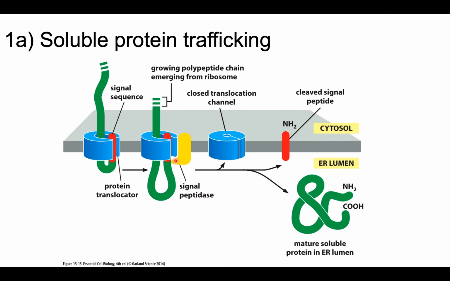That channel will close, and then we'll have our fully formed protein in the ER. That signal sequence will kind of stay in the membrane to be degraded, so those amino acids can be used for other things. So once our protein comes all the way through, our signal peptidase is able to cleave that sequence, close that channel, and now we have our mature protein that we can send off elsewhere.